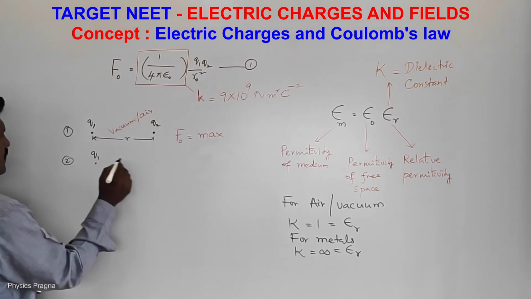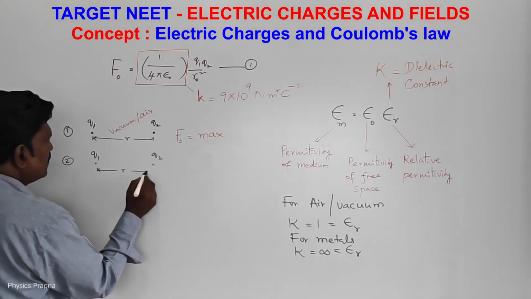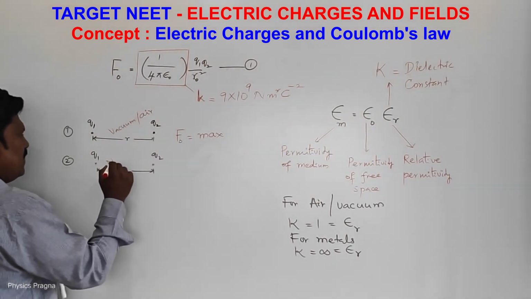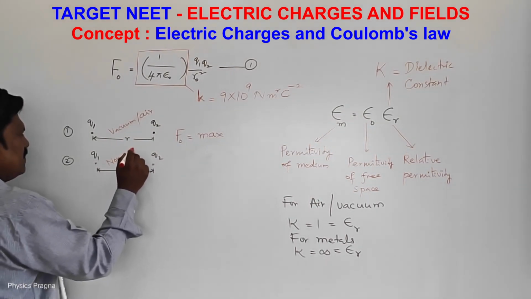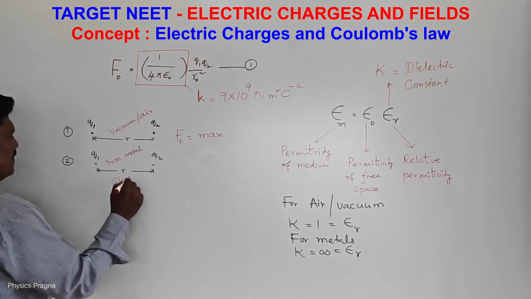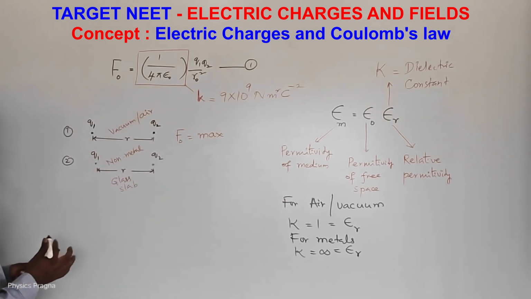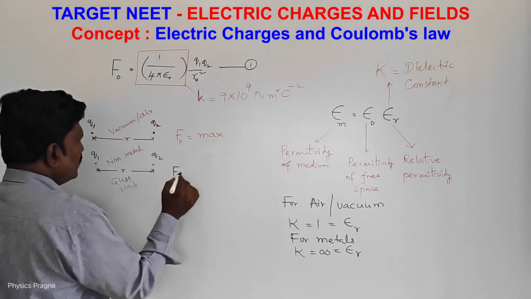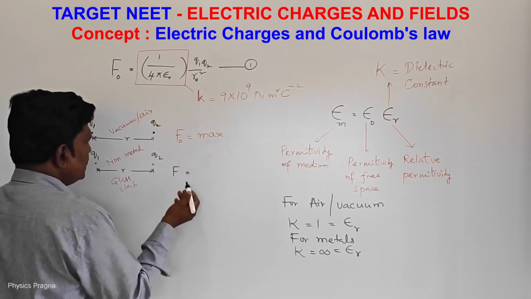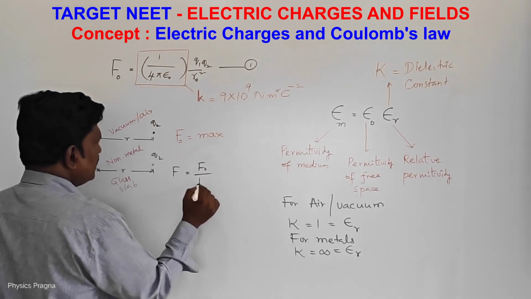This is Q1, this is Q2, this is R. In between, a non-metal, non-metal means some glass slab is there. Glass slab is there between the charges. Then the force for the glass or non-metal medium is equal to F naught by K.